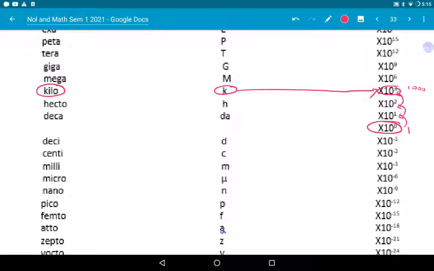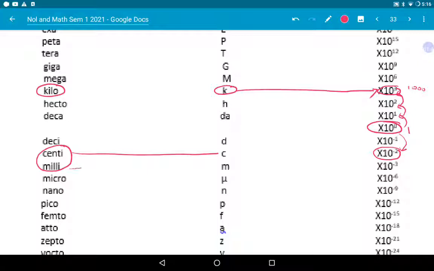If we want to go the other direction, something you're familiar with, centi, that's going to be times 10 to the negative 2 compared to 1, right? That's 100th.